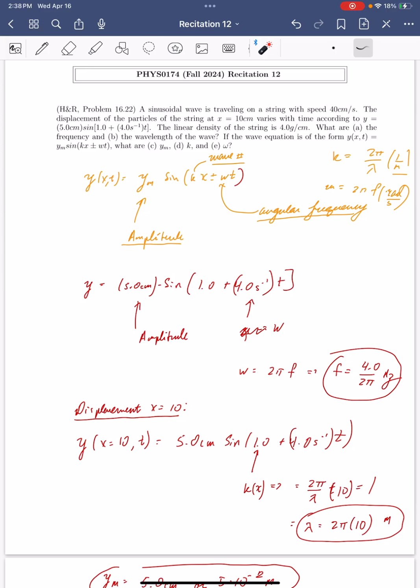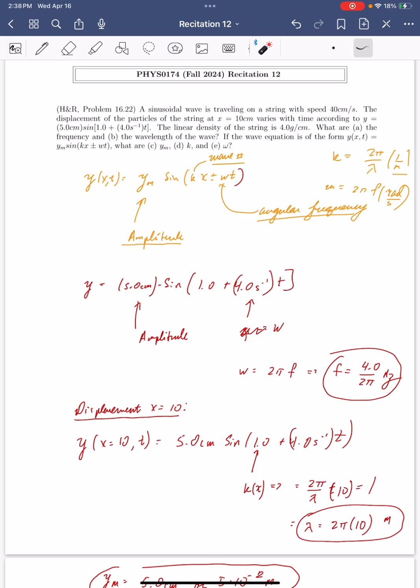So I'm going to go ahead and go through a problem with you. The problem statement goes as such: a sinusoidal wave is traveling on a string with a speed of 40 centimeters per second. The displacement of the particles of the string at an x location of 10 centimeters varies with time according to y equals 5 centimeters sine of 1 plus 4 times time.